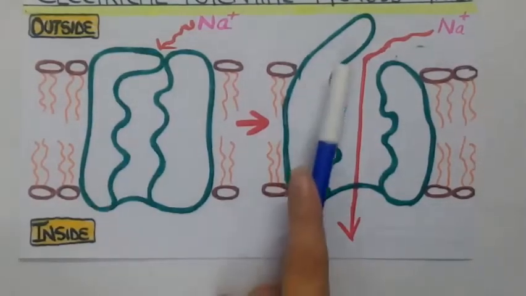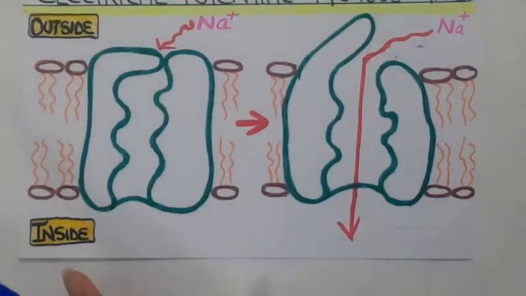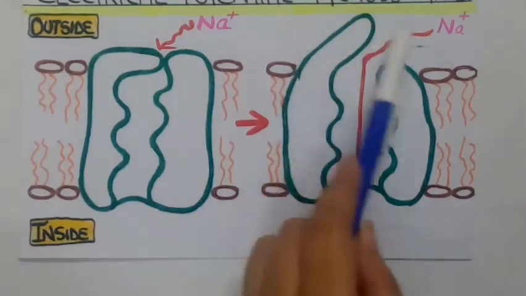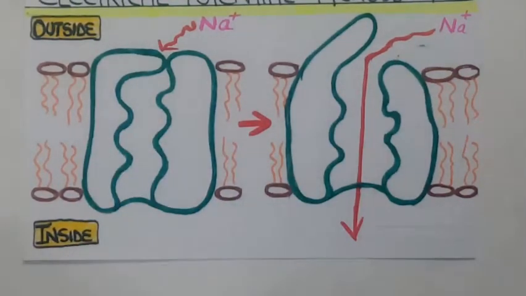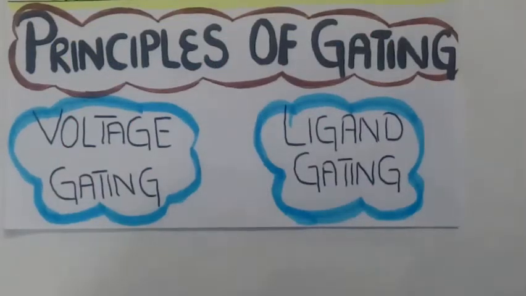So these are the gate-like extensions, whereas the process of opening and closing of these gates is called gating. Membrane channels respond to chemical or physical changes in the environment around that particular channel, which then stimulate the opening or closing of channels. This opening and closing of gates is controlled in two principal ways. Number one is voltage gating, and second is ligand gating.